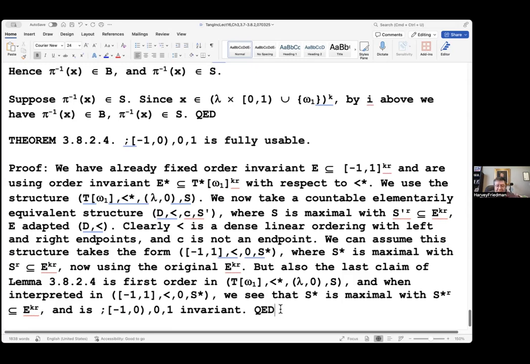Okay. So just one more summary. We blow it up to a transfinite structure. We then have a corresponding notion of invariance, except it's in a transfinite setting. We build a natural maximal invariant set.